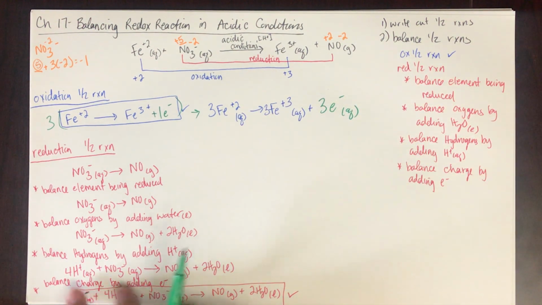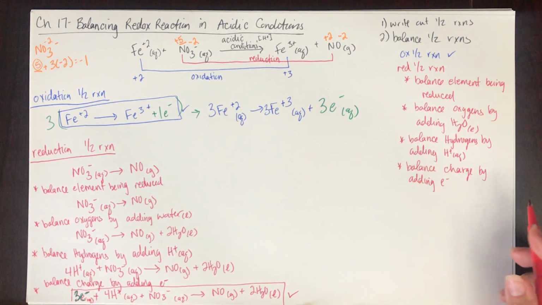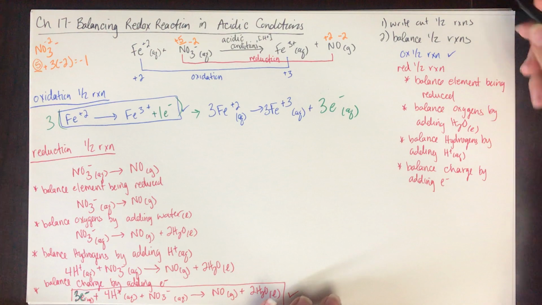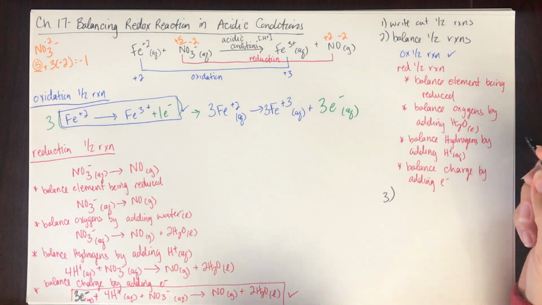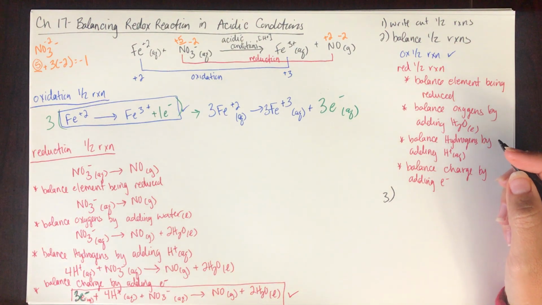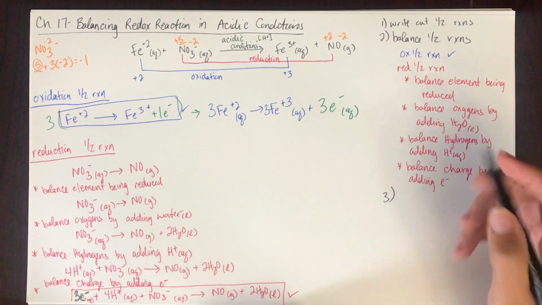I'm just going to write this reduction half reaction up here so we can add them together. So these are the steps. Write half reactions, balance half reactions. Then I'm going to say add half reactions together so that electrons cancel.